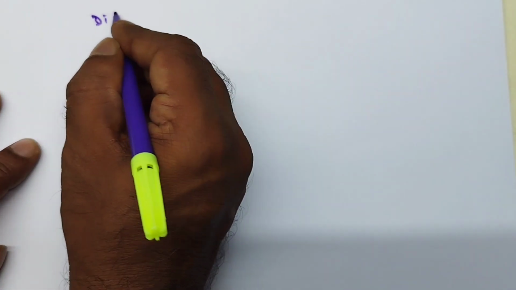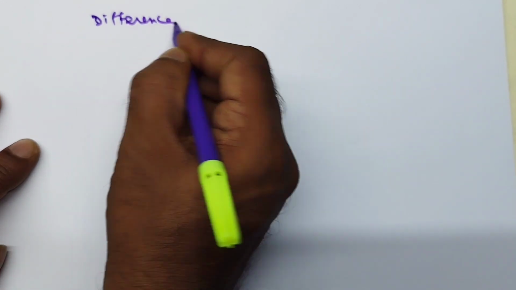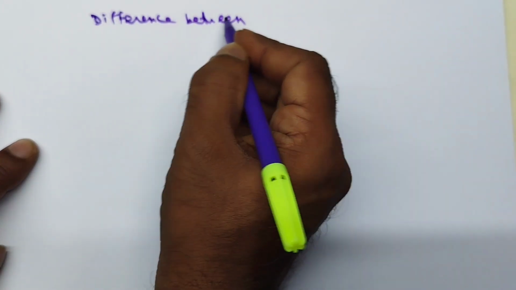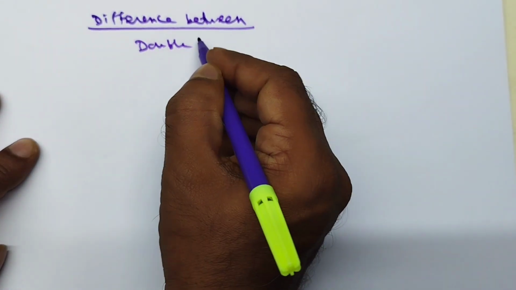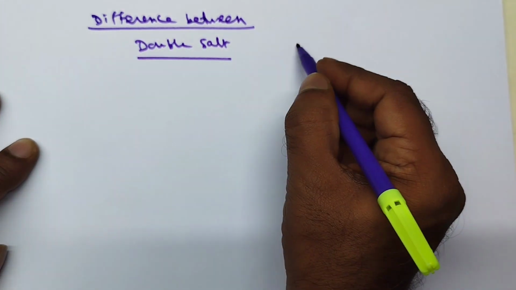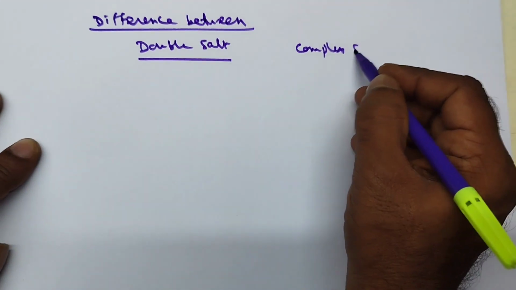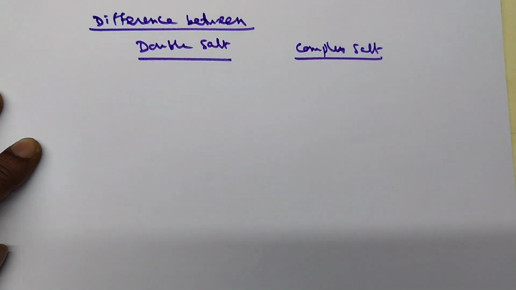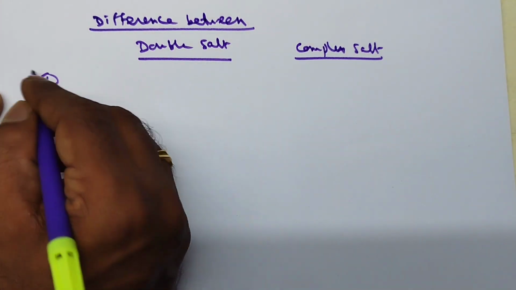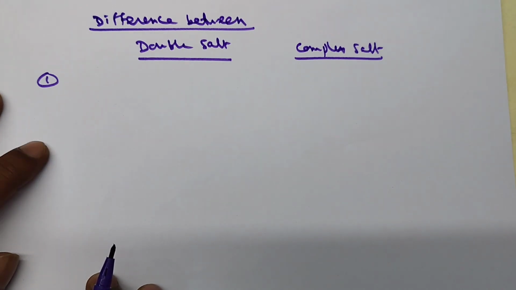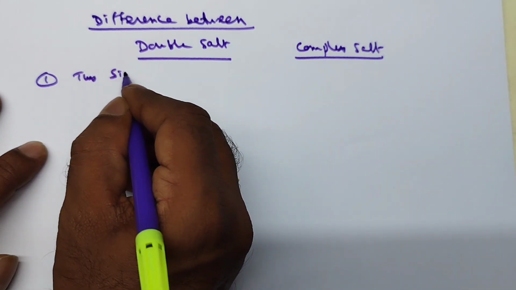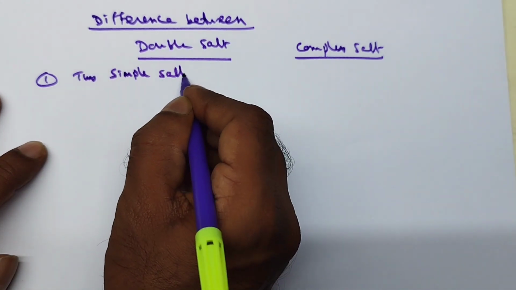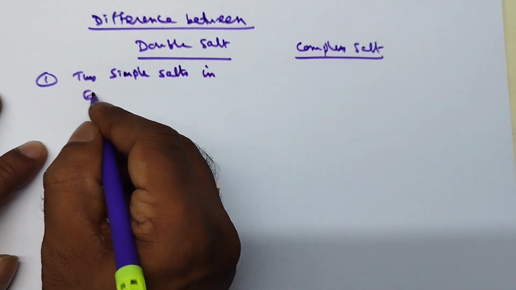Now we'll see the difference between double salt and complex salt. Okay, so the first one: a double salt can be made from two simple salts in equimolar proportions.